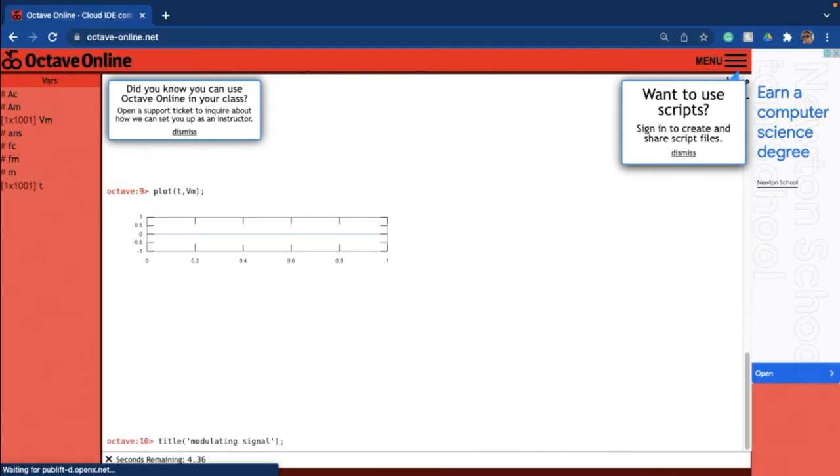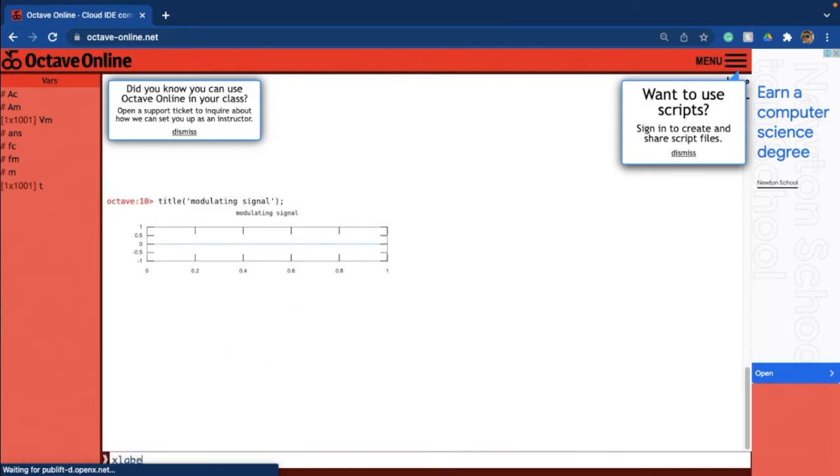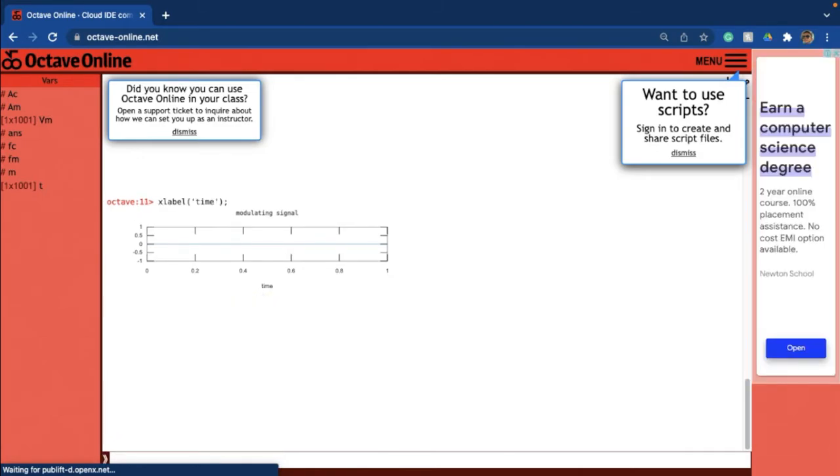This is the modulating signal. Xlabel has to be mentioned. There's no gap between x and label. It's time, so I will write time here in inverted commas. Okay, and ylabel. The graph should be complete with the axis, title, xlabel, ylabel. It's amplitude here.